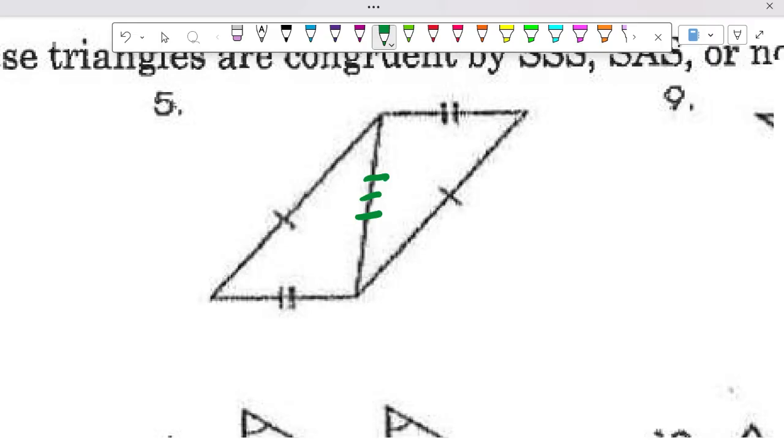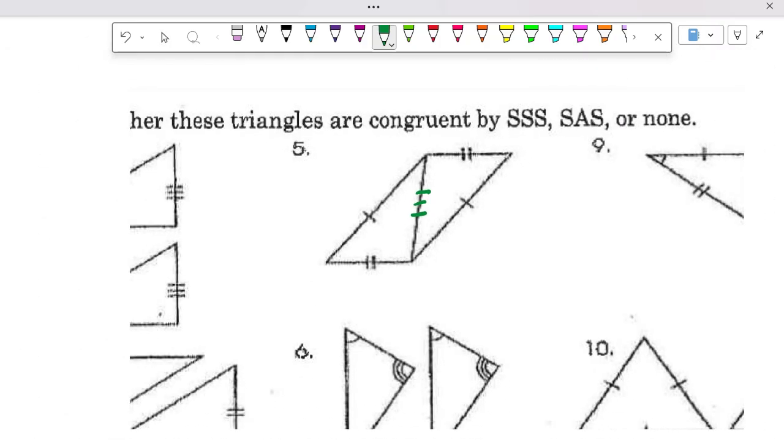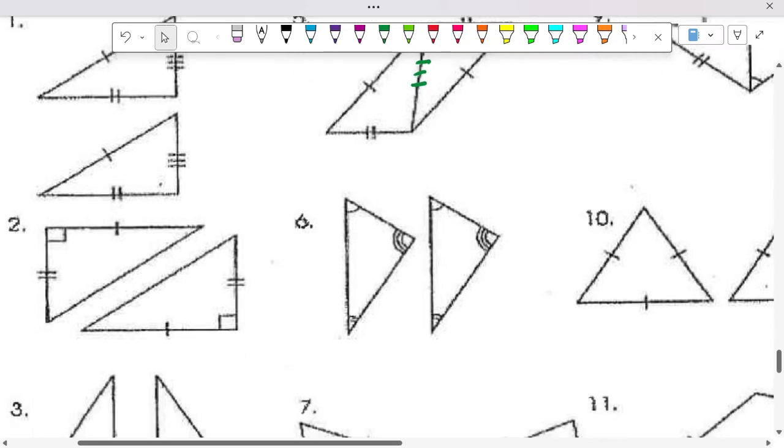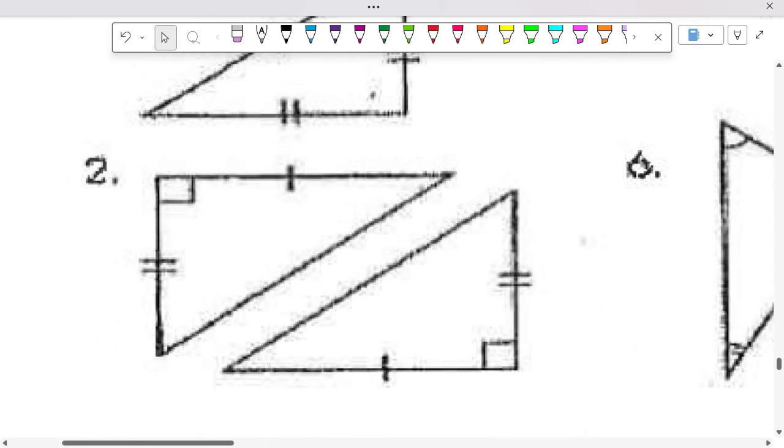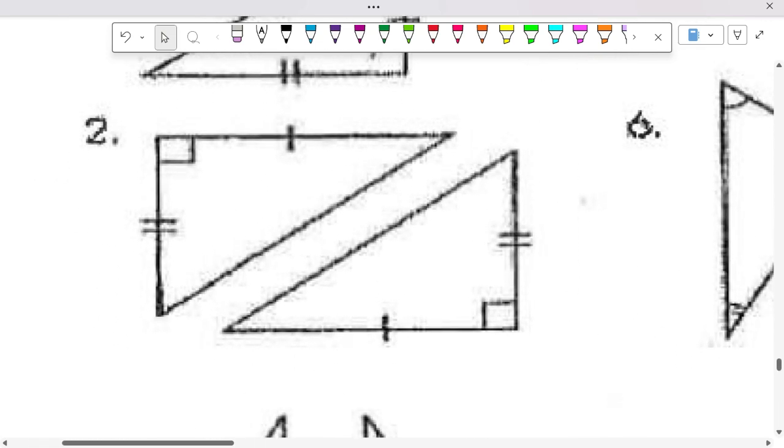Sharing a side is justified. All right? However, just making an angle congruent, so like these two, that's not justified. All right, let's try number 2. So look at it. Look specifically where the two sides are.